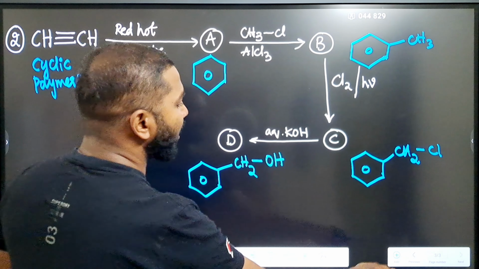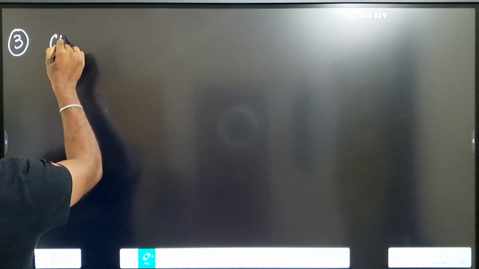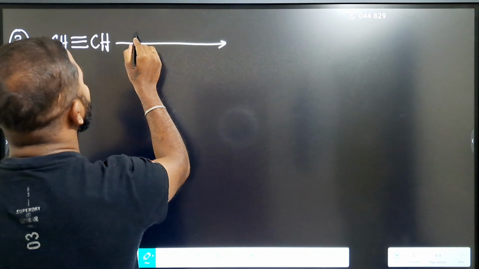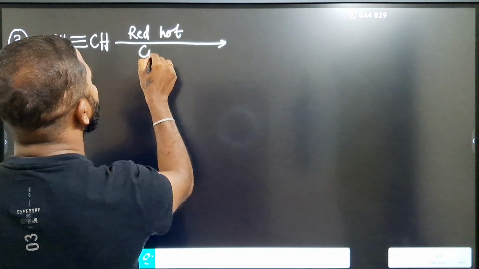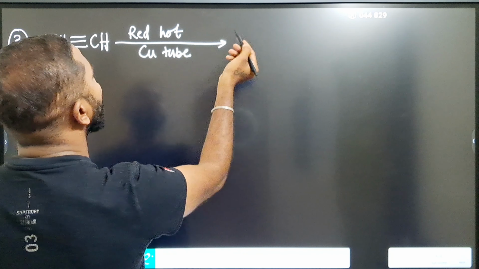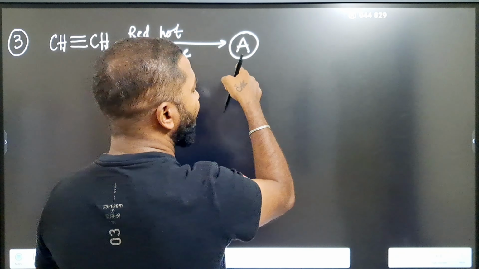Next, let me take the third conversion. Let me carry this on, and now I am taking the same acetylene and the same red hot copper tube. We know, as we just discussed, that A must be benzene.